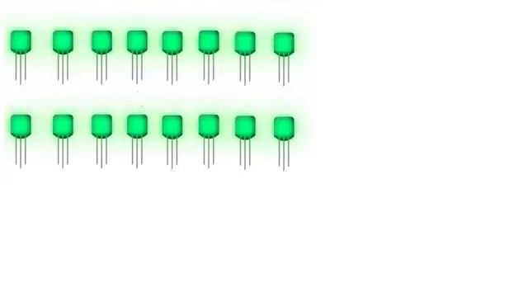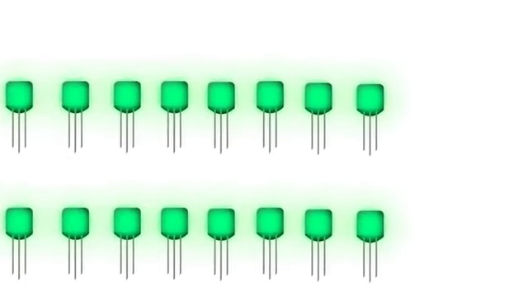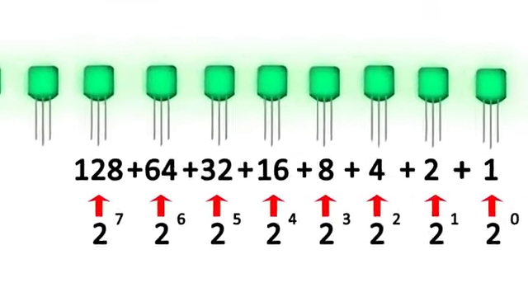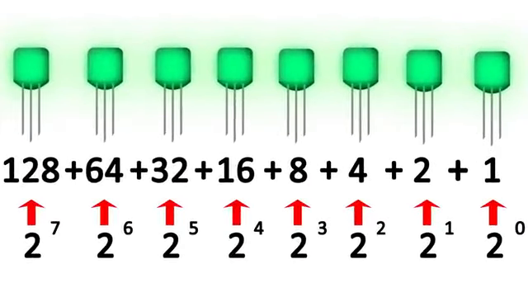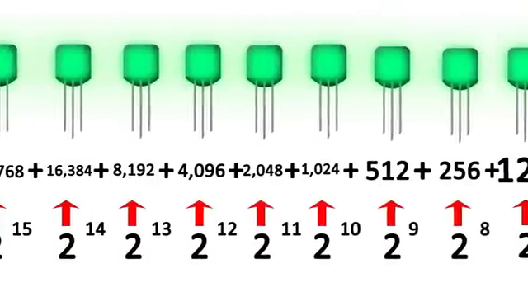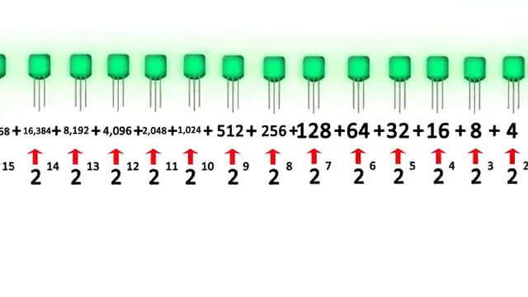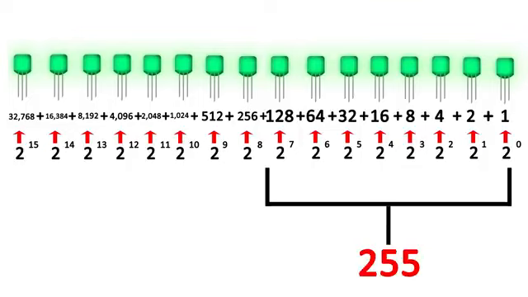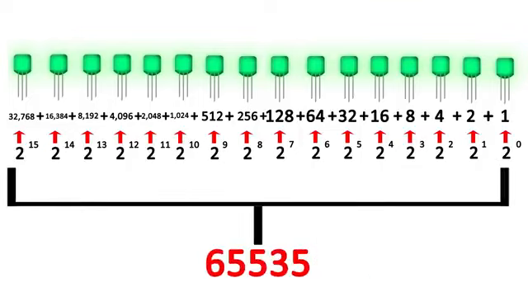To solve this problem, new computers were designed to recognize 2 bytes as one single number. So now, instead of referencing one line of 8 transistors, computers could reference 2 lines, giving 16 digits worth of binary. This was a huge help because it increased the amount of representable numbers exponentially from 255 up to 65,535.